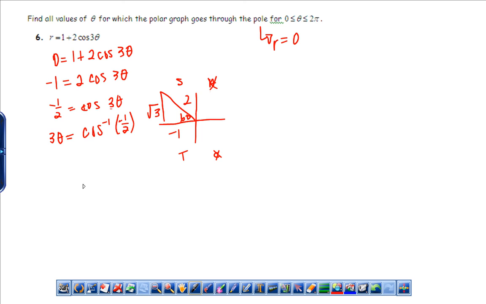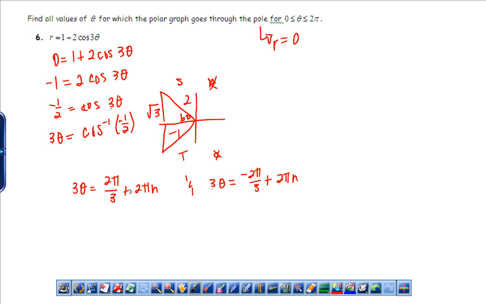So your general solutions are going to be 3 theta equals 2 pi over 3 plus 2 pi n, and 3 theta equals negative 2 pi over 3 plus 2 pi n. And I got that by drawing a triangle in your second and your third quadrant. They're both 60-degree triangles.